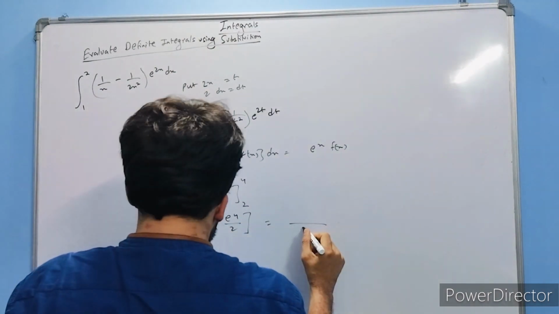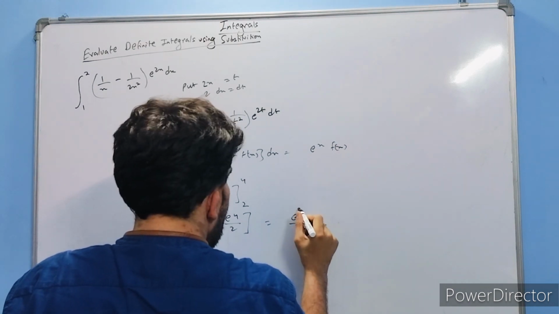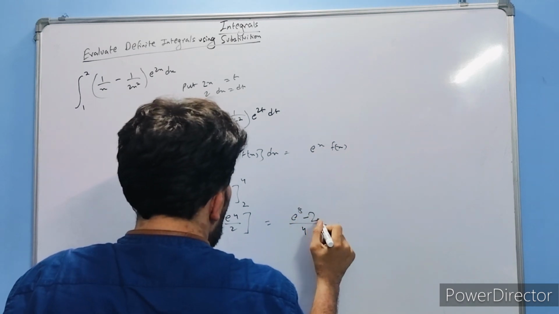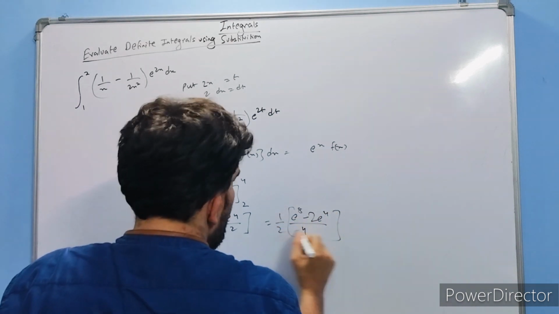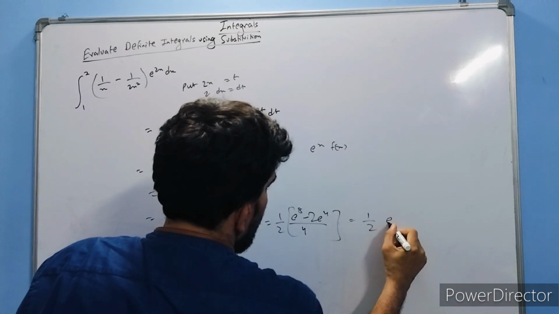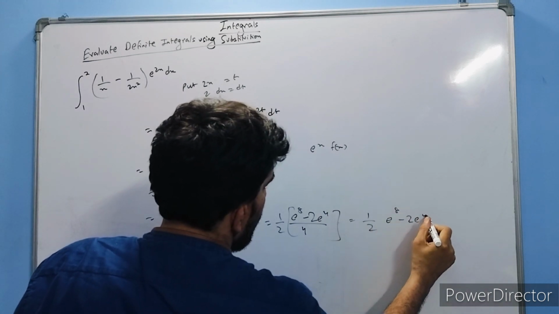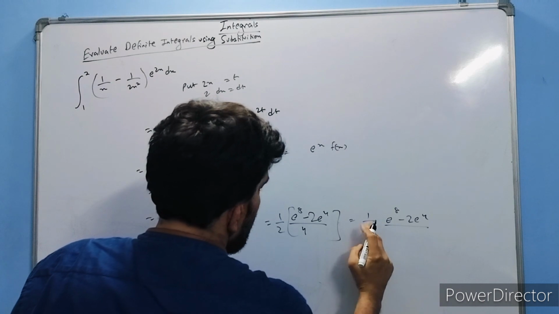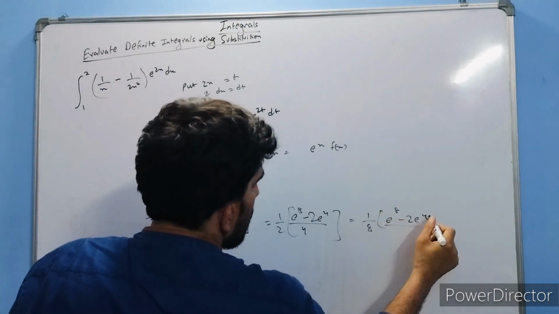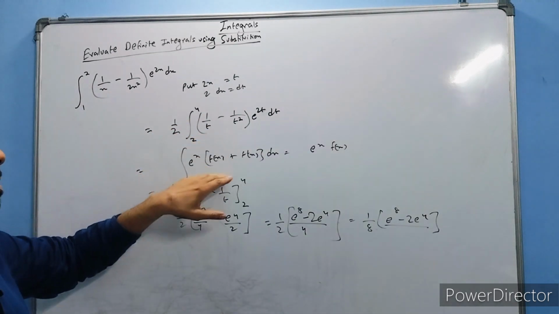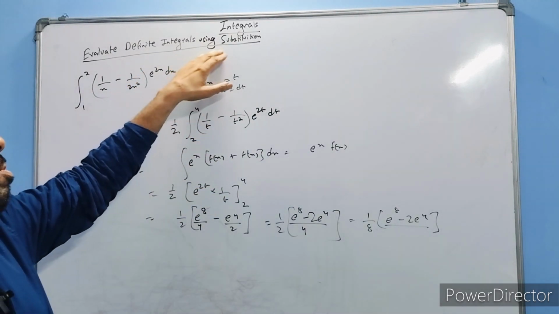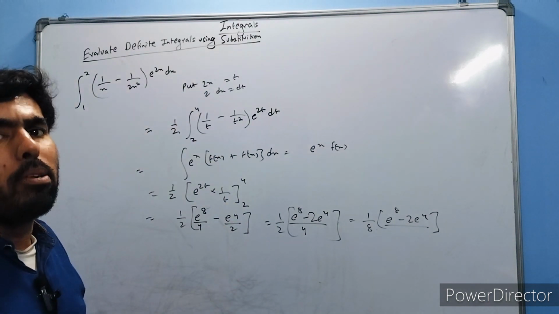If I take 4 LCM, so e^8 minus 2e^4 upon, so it will be 1 by 2 e raised to the power 8 minus 2e^4 upon 4. Okay, so that is how we are able to easily find the definite integral using the substitution method. I can directly apply this formula here also, but we have to use the substitution method. That's what we are doing.